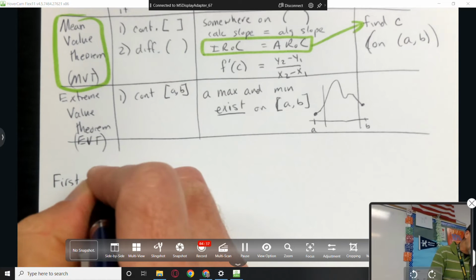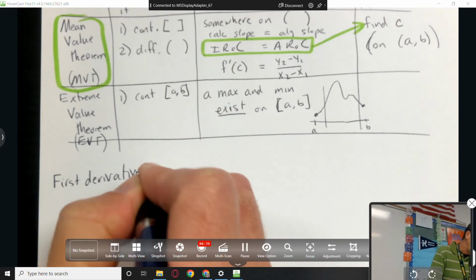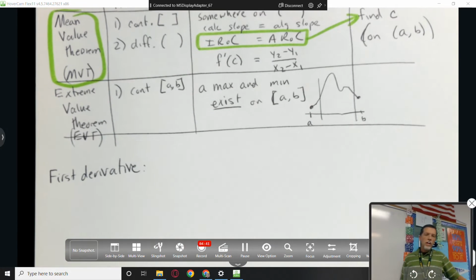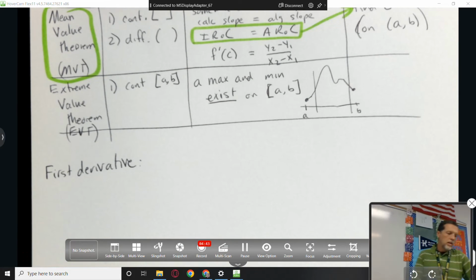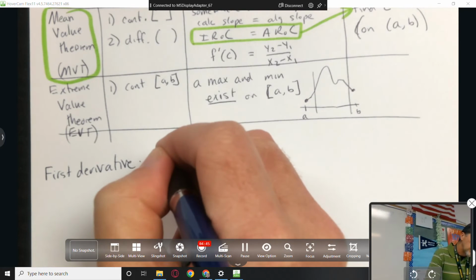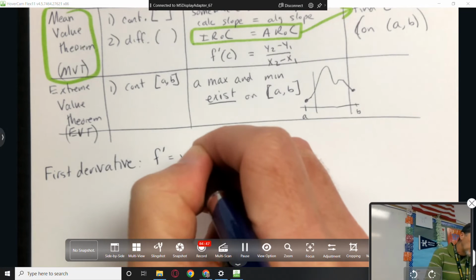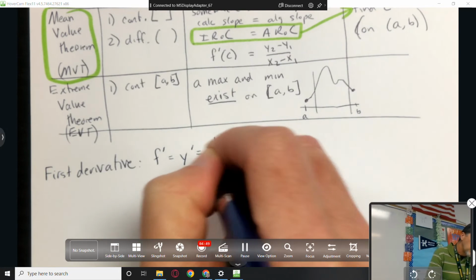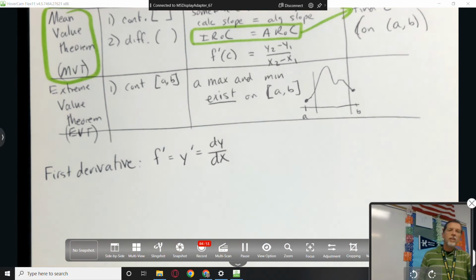All right, let's talk about first derivative stuff. So that would be f prime or y prime or dy/dx. There's a couple of other less common ways to write prime, but we're not worried about those.